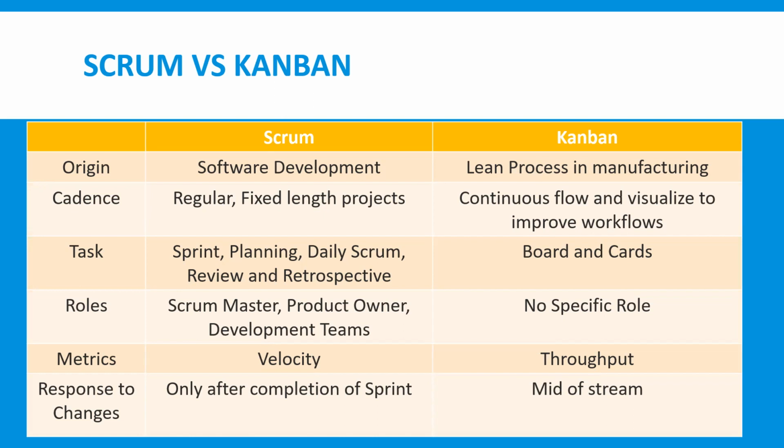In Scrum, we can see the velocity, right? And in Kanban, throughput. Velocity, I hope you guys know, but still I'll tell you what velocity is. Velocity is based on the total number of sprints. Suppose there are 3 sprints to cover all the development work, and you completed 90 stories in total.